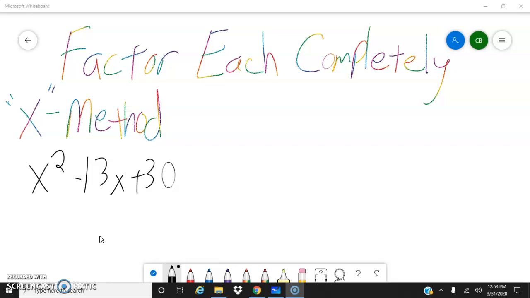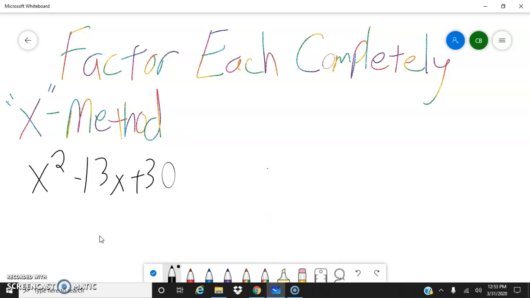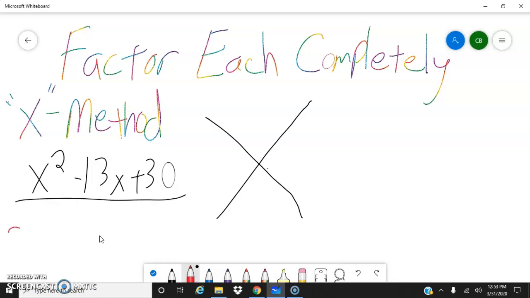Basically what it consists of is just drawing an X. Before we get into the X method, let's label each part of our expression. A is the coefficient in front of the x squared, and of course there's nothing there, but it's implied that it's a 1, so a equals 1.